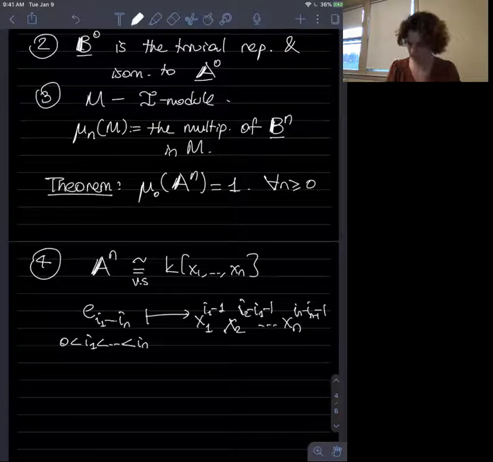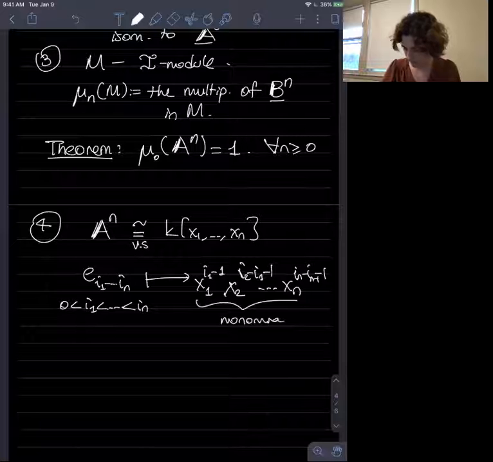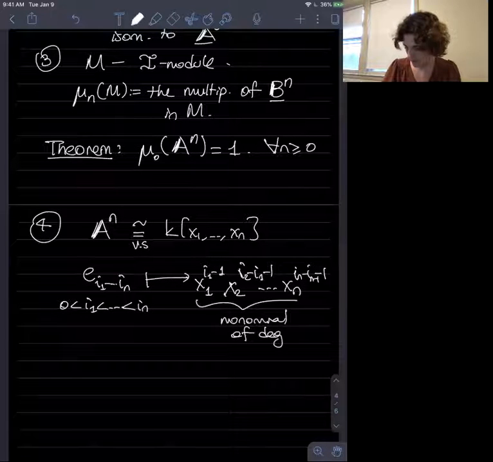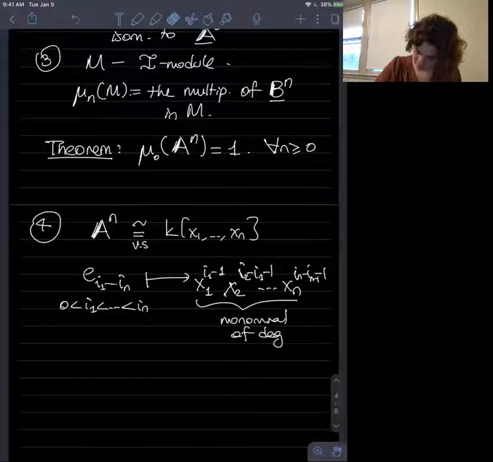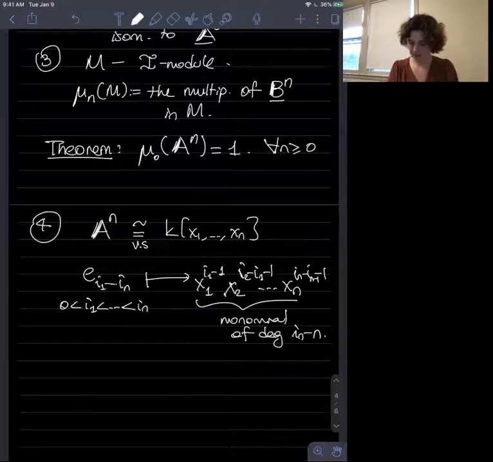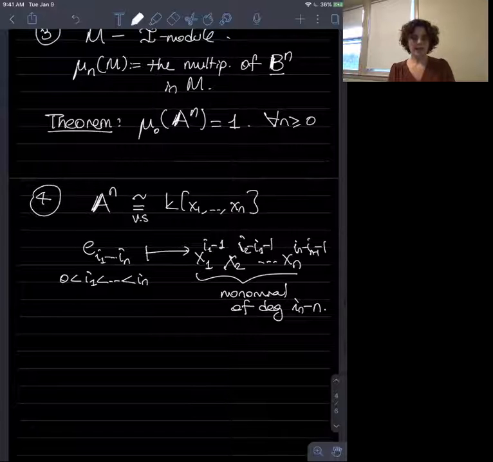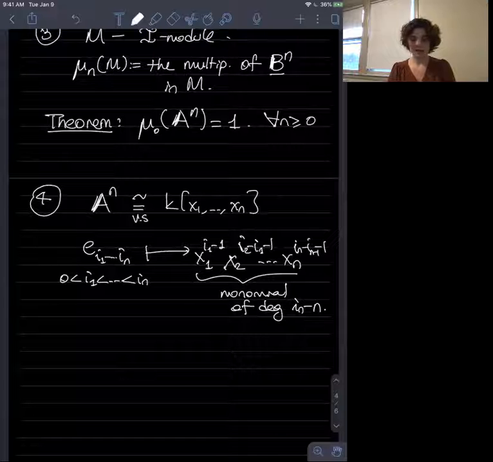So this is a monomial of degree I_n minus n.